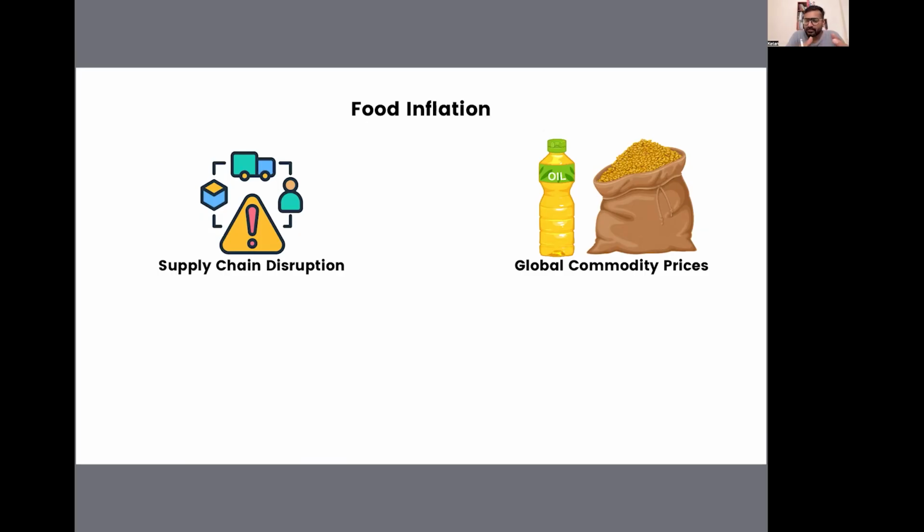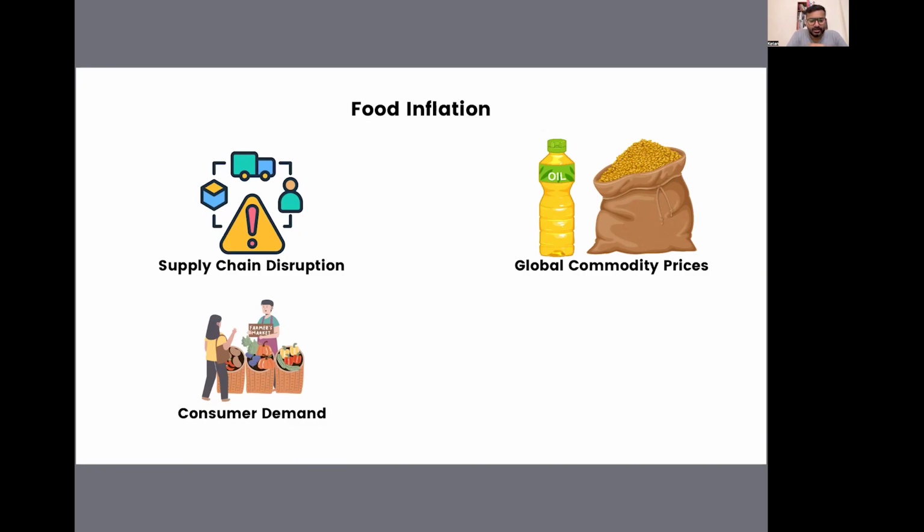So if the price of edible oils or the price of pulses increases in other countries, and it has increased due to various factors and also breakdown of supply chain due to wars or due to climate change, these prices have been increasing, and therefore these prices have increased in the domestic economy also.